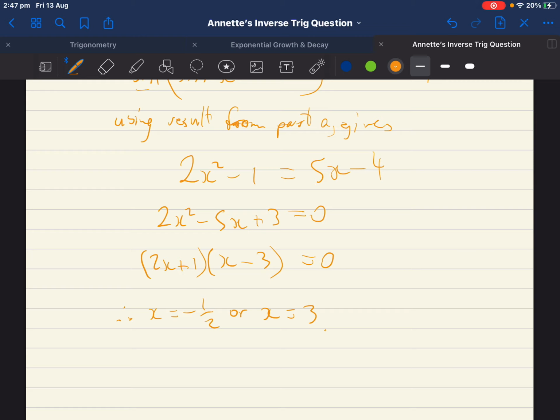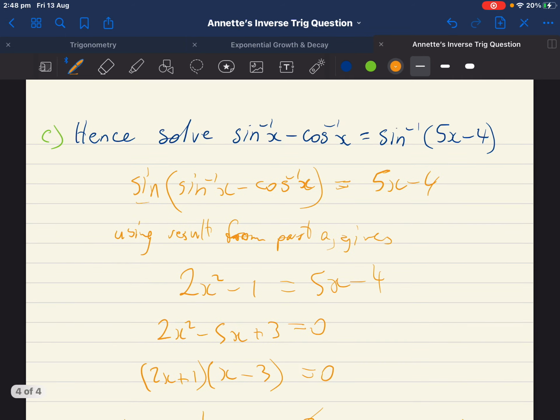However, we do have a restricted domain, so we actually have to reject that one there because it was not within the domain of minus 1 to 1. So thus our solution for this equation here is minus a half.